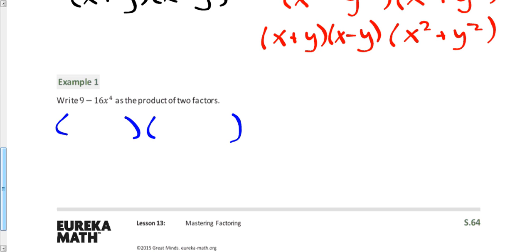It's just saying factor. This one's telling you this is a factor.